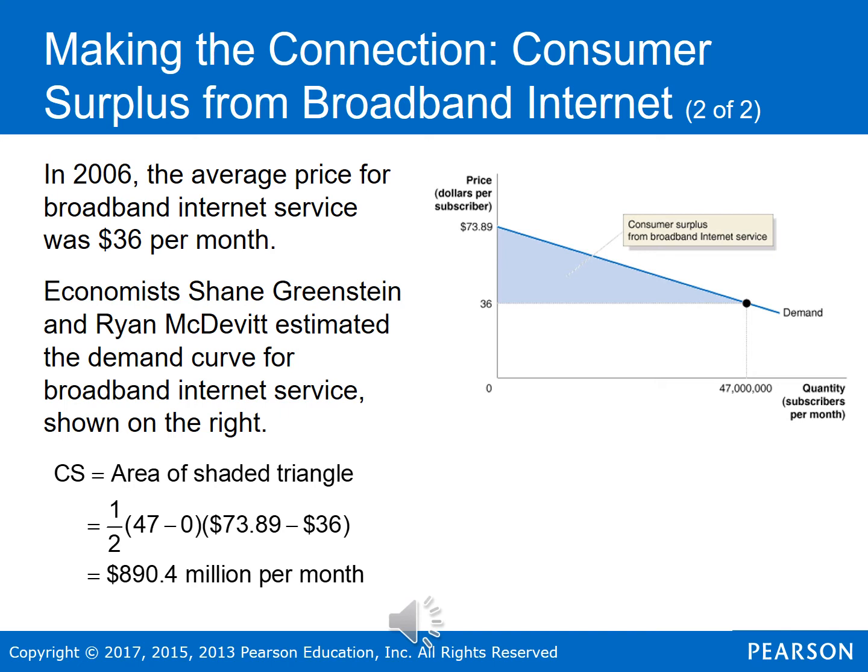And when they calculated it out, they figured that the consumer surplus, so the value that consumers got above what they had to pay, was $890.4 million per month. So every month, consumers derive this additional benefit from purchasing access to the internet above what they actually had to pay for it.